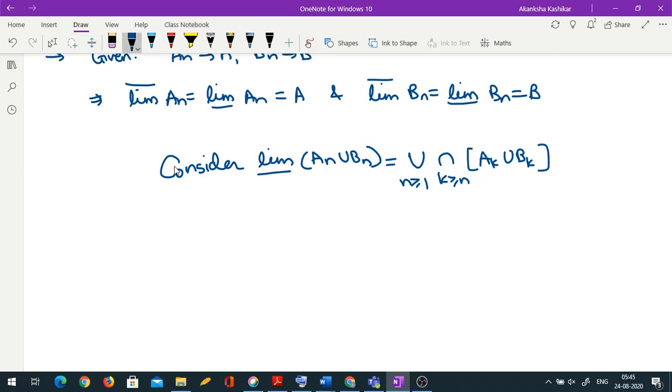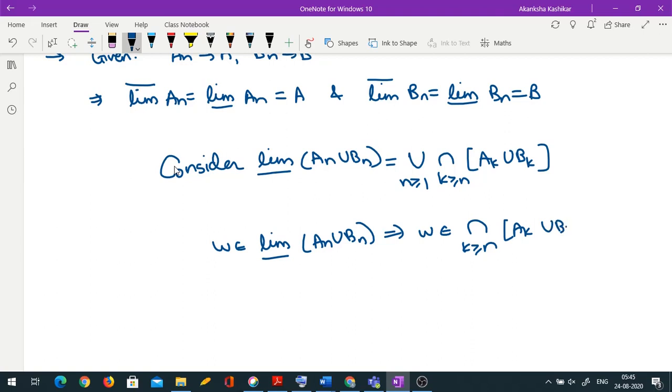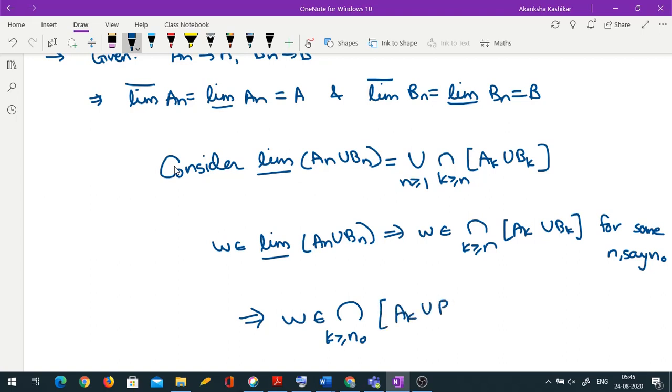Okay, so what does it mean? So if omega belongs to lim inf of an union bn, then it implies omega belongs to intersection k greater than or equal to n of ak union bk for some n, say n naught. This means omega belongs to intersection k greater than or equal to n naught of ak union bk.